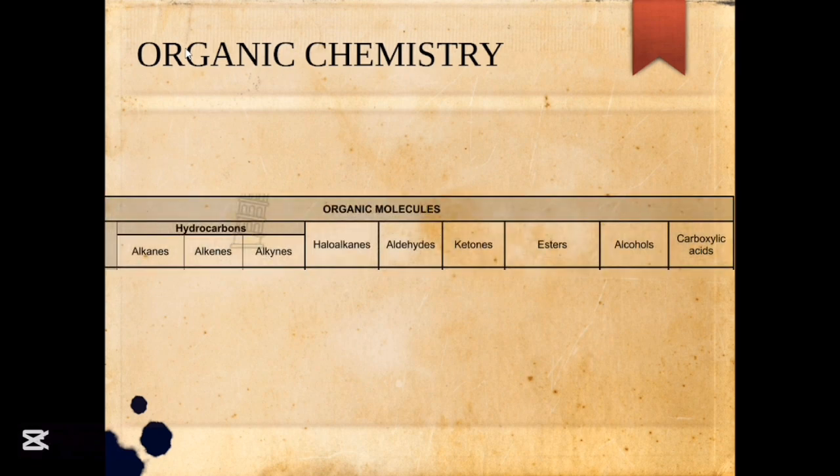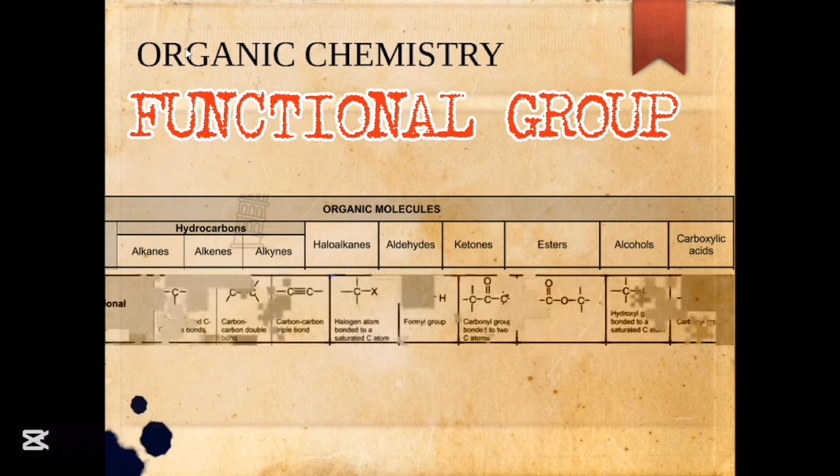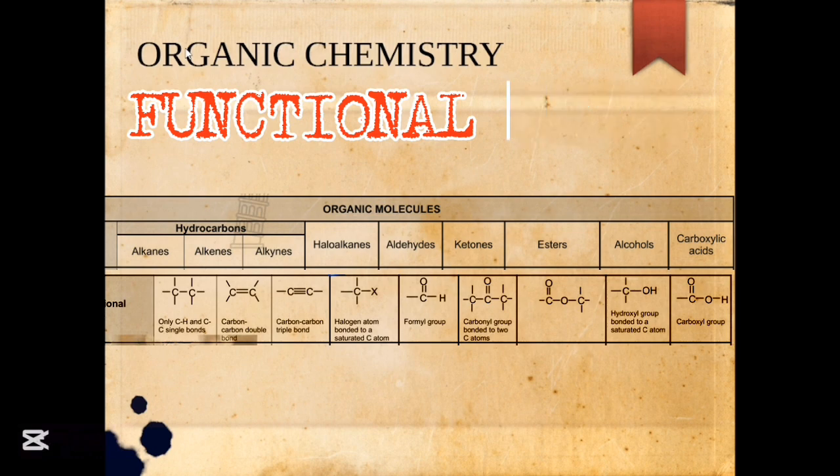Examples of homologous series are alkanes, alkenes, and alkynes, and these are hydrocarbons as shown on the table, and haloalkanes, aldehydes, ketones, esters, alcohols, and carboxylic acids. The table that follows shows the functional groups of each homologous series.